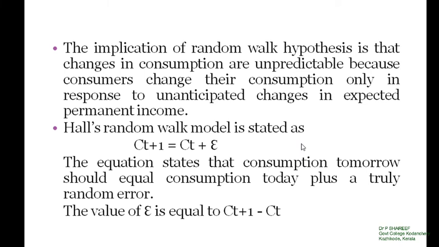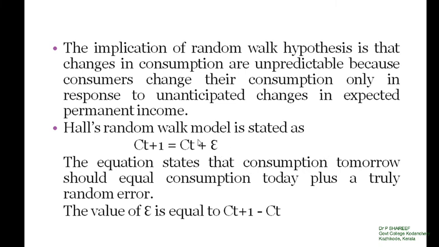Thus, Hall's random walk model is stated as Ct+1 = Ct + an error term. That is, Ct+1 represents future consumption or consumption tomorrow.